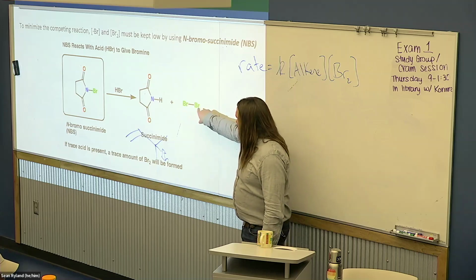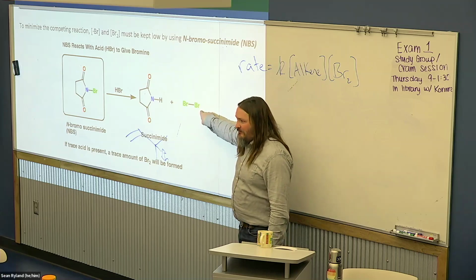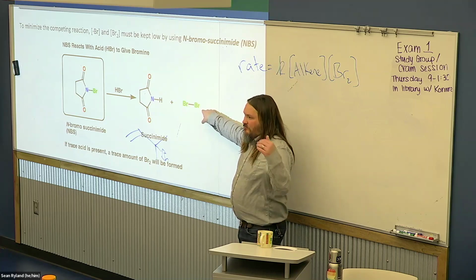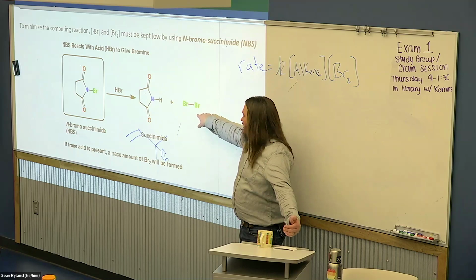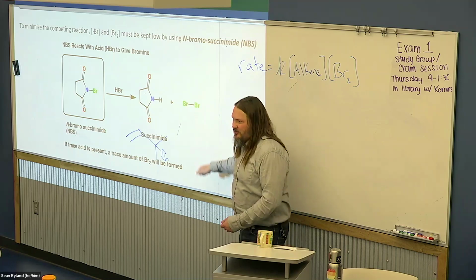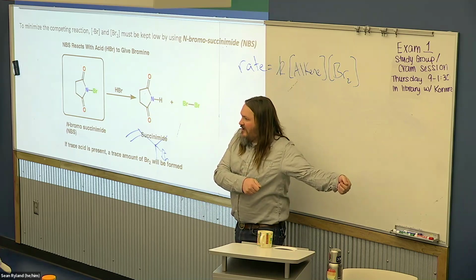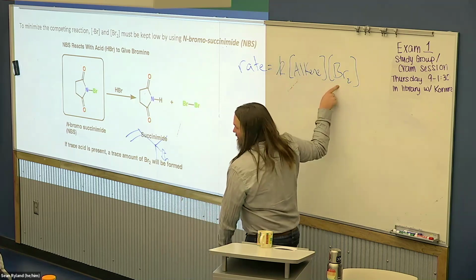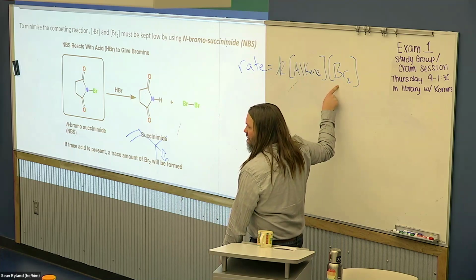Because we never allow this concentration to build up, the free radical mechanism continues, because we're just taking this and immediately shuttling it over to the free radical side. We never let it build up to the point where it becomes a measurable concentration.